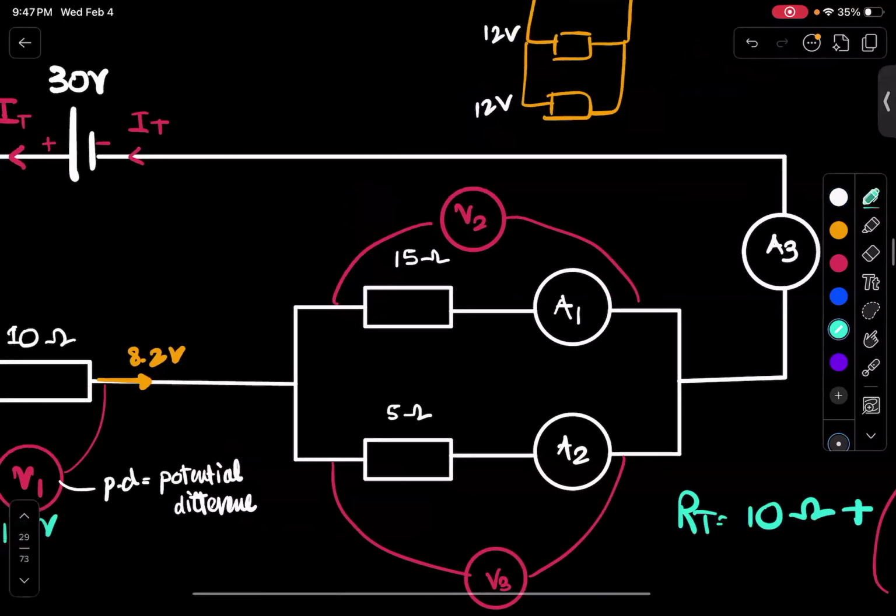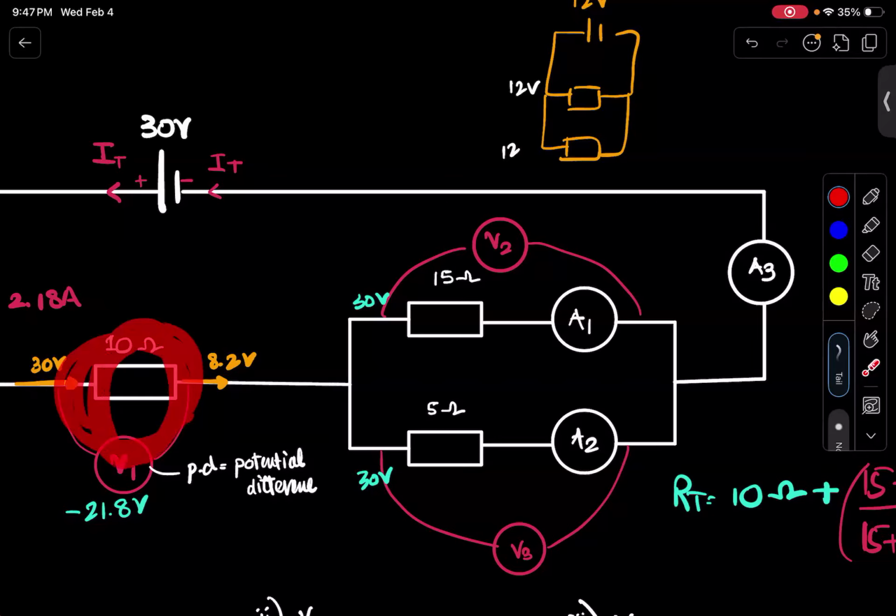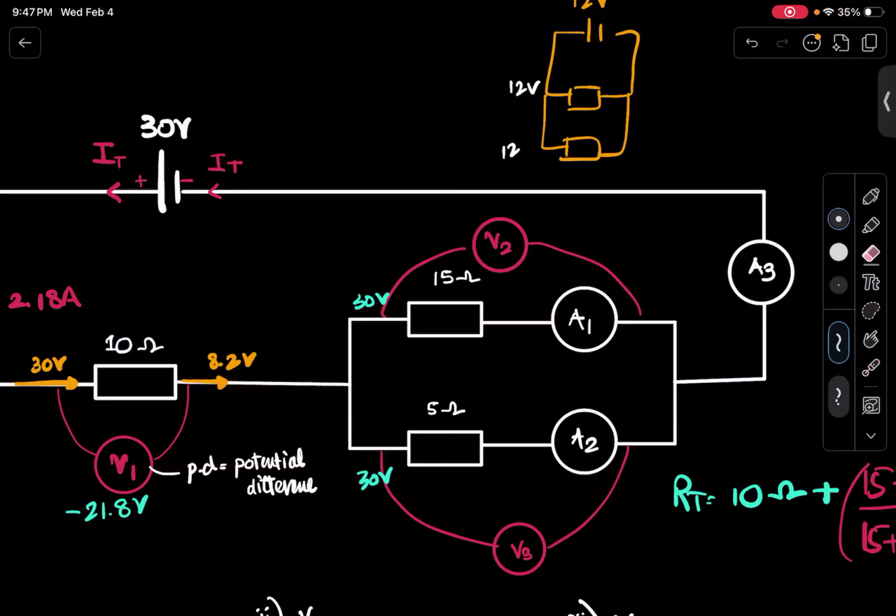So does that mean that this resistor will get 30 volt and this will get 30 volts? No, that's incorrect, because this resistor ate up our voltage, which only left 8.2 volts remaining, which means the voltage that's going to go into both of these resistors is actually 8.2 volt and not 30 volt. So this voltage goes into both of the resistors.